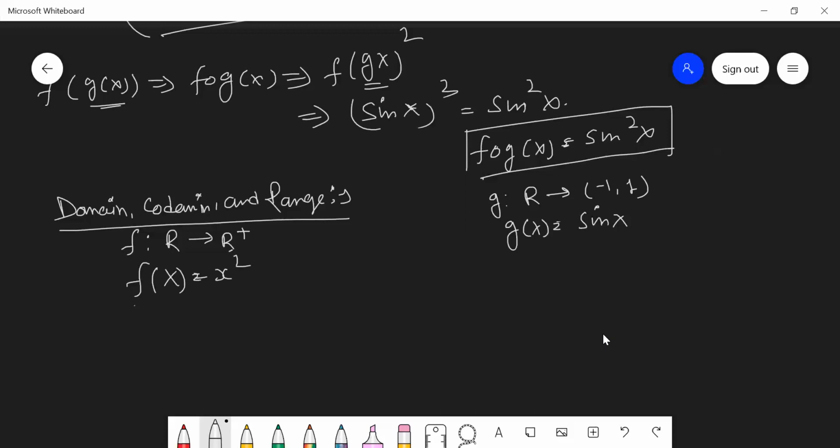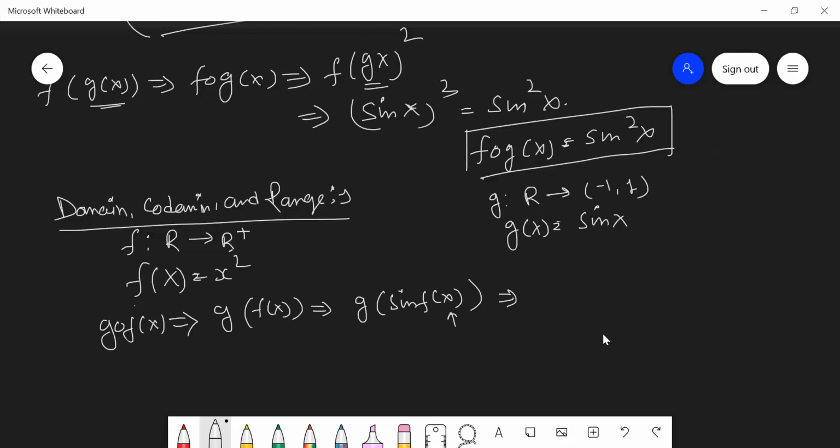Now we are taking g∘f(x). We write g∘f(x) another way, as g(f(x)). Since g(x) is sin x, g(f(x)) is sin f(x), where x belongs to the real numbers.